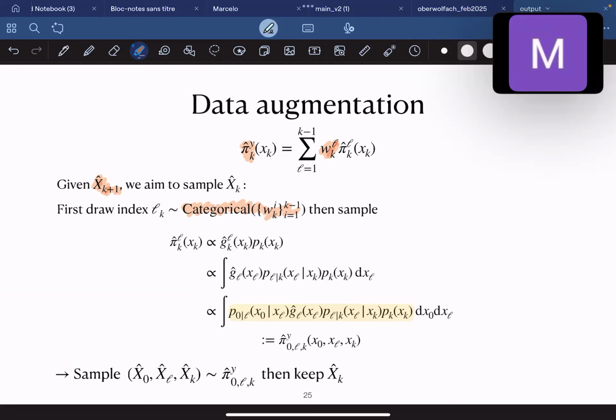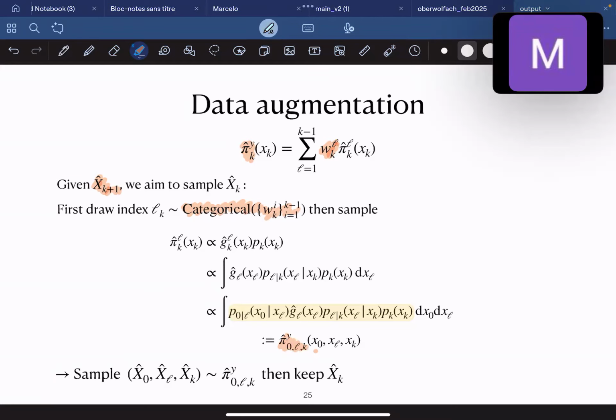The main observation is that this marginal distribution can be written as a marginal of a joint distribution over x_0, x_k, and x_l, which I denote here by pi hat_{0,l,k}.